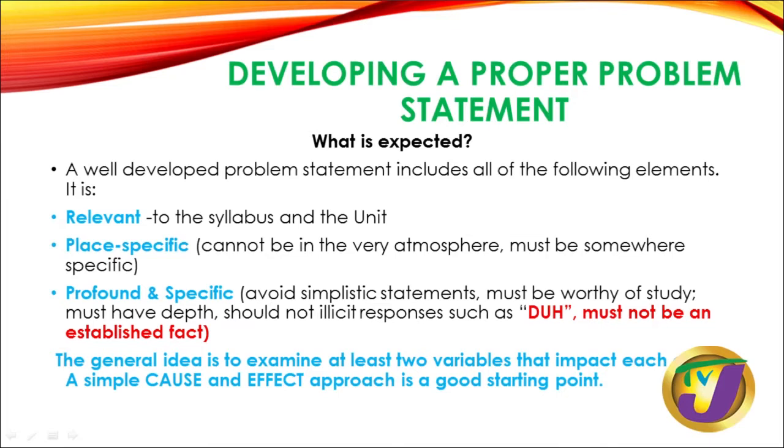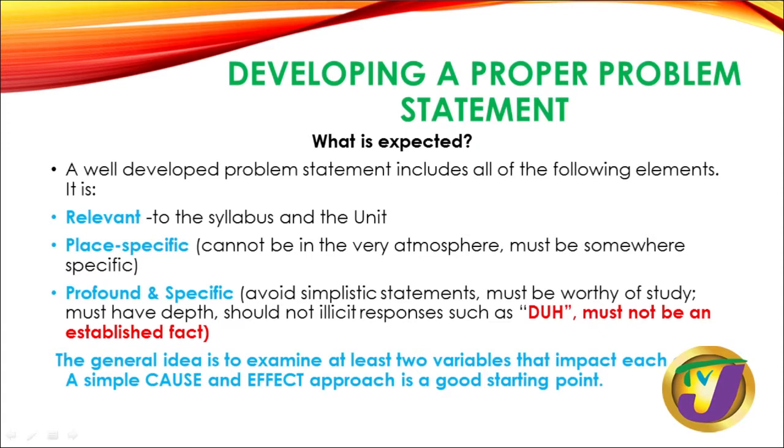It must be relevant. What do we mean by relevant? Current, you know, being talked about now. The thing about Caribbean studies is that it's current affairs, things that are happening now in Caribbean society, right? So you need to look at something that is current, that is trending, that is a problem, that's causing an issue within the community within which you are locating it. All right.